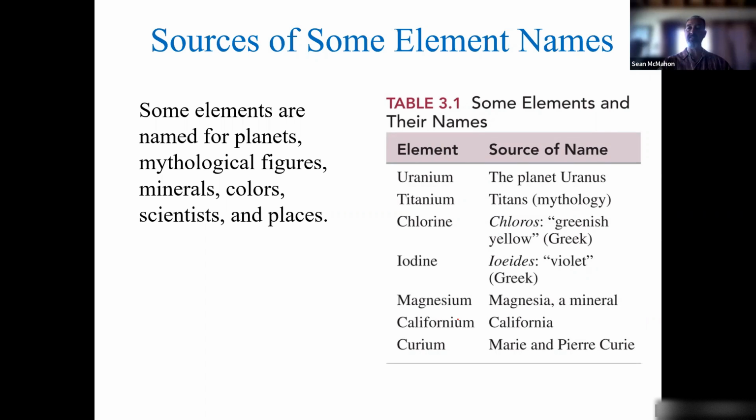Titanium, the Titans. Chlorine, chloris, which is a greenish yellow color. I'm not going to even try the iodine, but violet. And you can see magnesium, magnesia, mineral, californium for California, and curium after Madame Marie Curie. So these are different ways that we came up with these names.